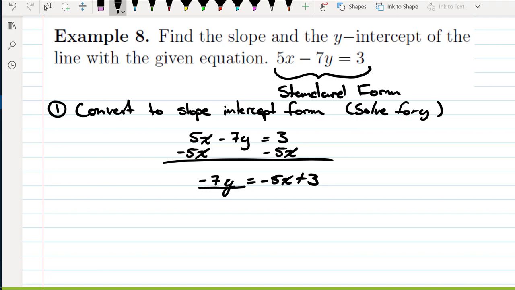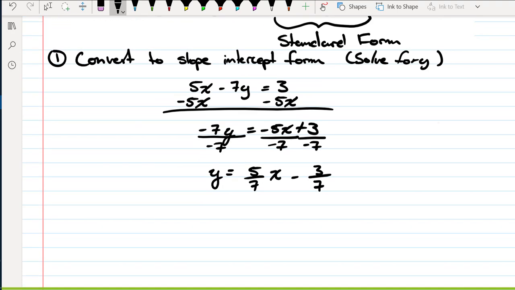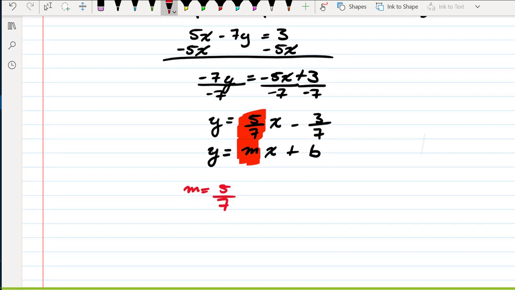And then the next thing we do is we divide by negative 7, divide by negative 7, and we divide by negative 7, giving us y equals 5 over 7x minus 3 over 7. So we want to find the slope and the y-intercept of this equation. So now we compare that to y equals mx plus b. And we see that our m value, which is our slope, is going to be 5/7.